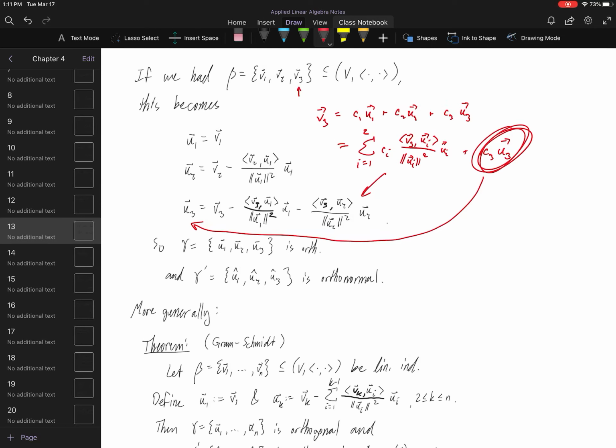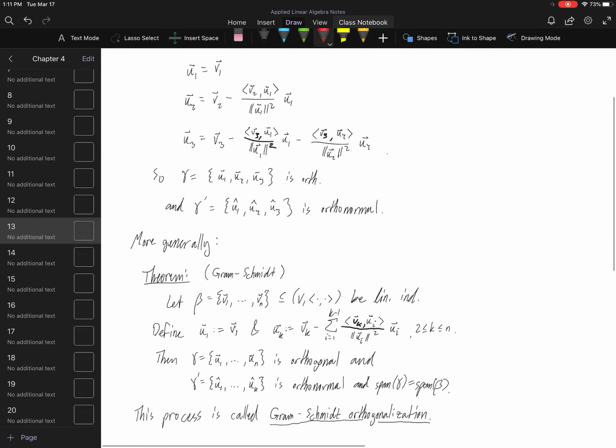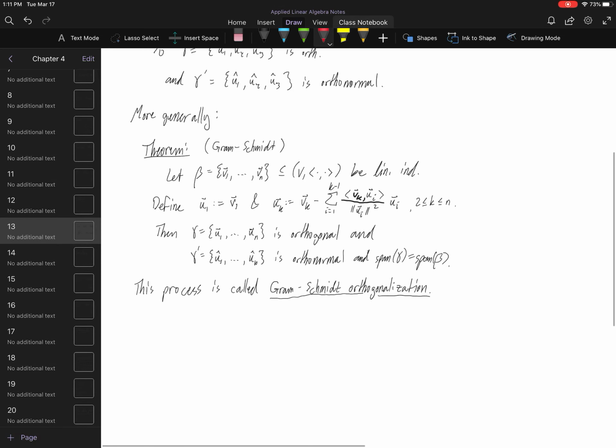It's going to be this third vector that is orthogonal to everything else that came before it. All right? And that's the whole point. We are building up this orthogonal basis, one element at a time.